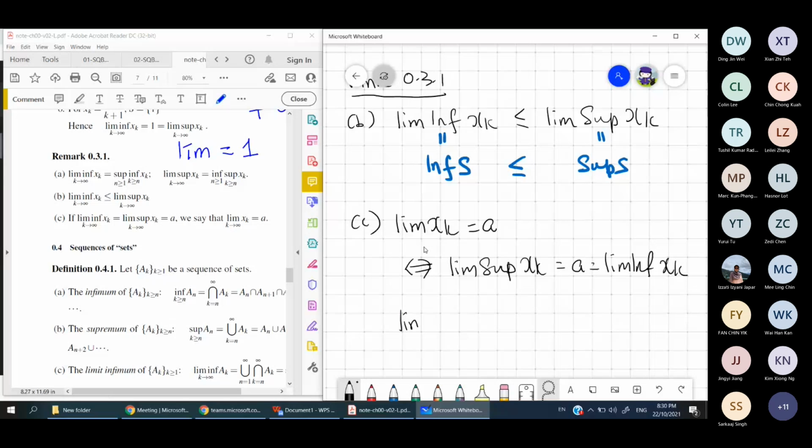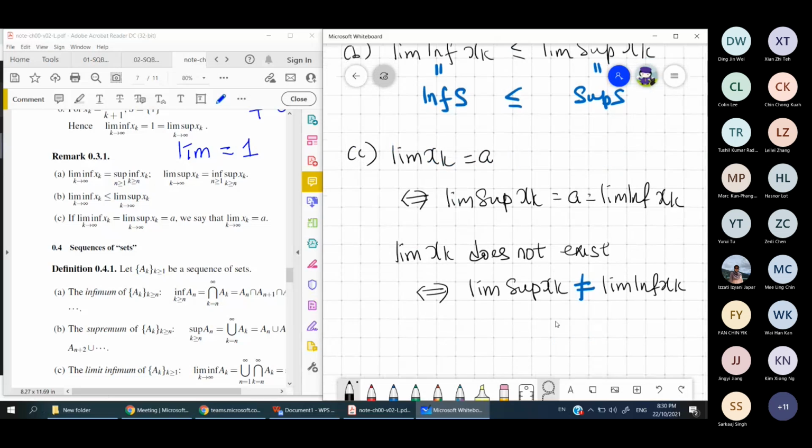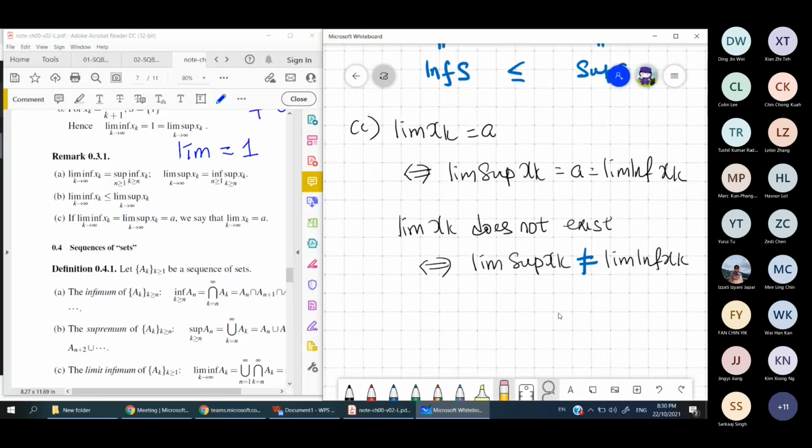And we say limit of xk does not exist if and only if limit supremum of xk is not equal to limit infimum of xk. So this is a very important criterion. So we have a simple method to verify whether the limit exists or not.